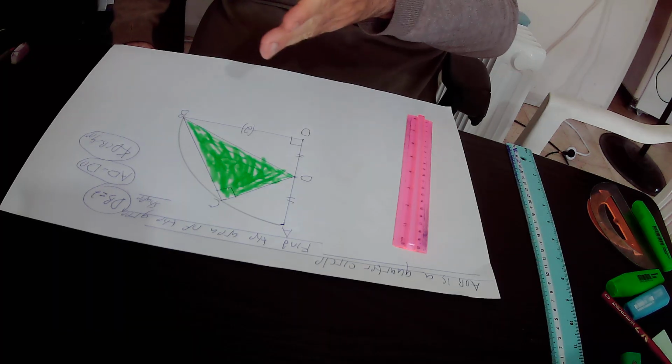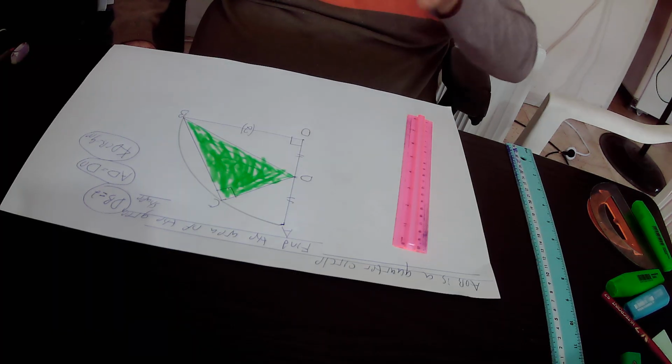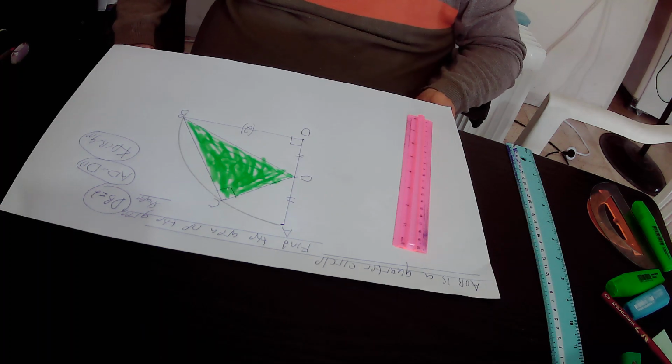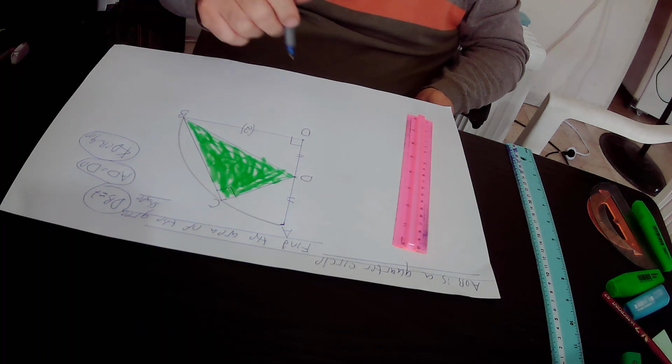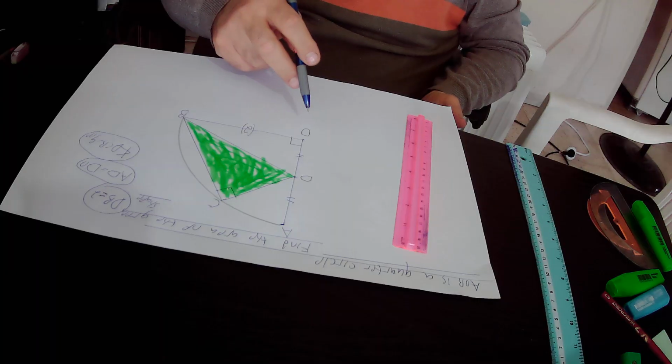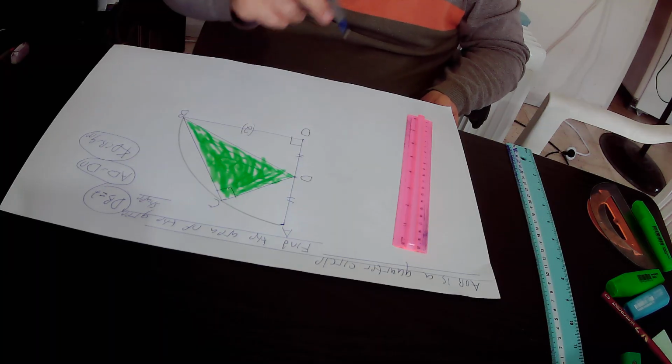That is to say, the radius of this quarter circle equals 2 units, and therefore side AO, that is also the radius of the quarter circle, equals 2 units in its length.